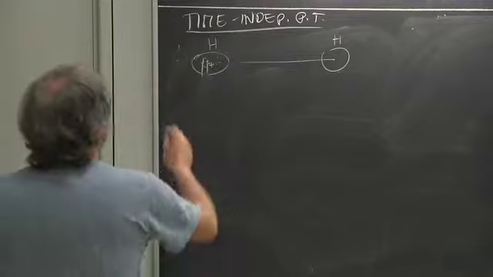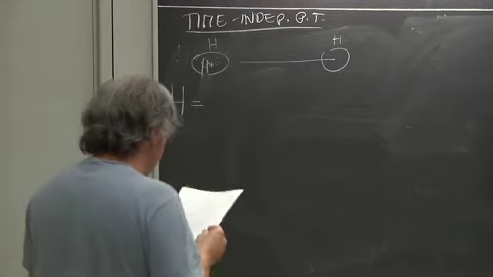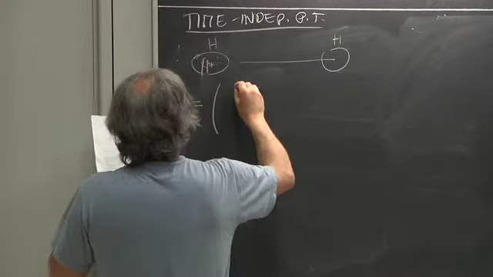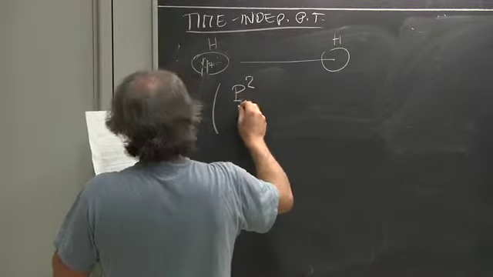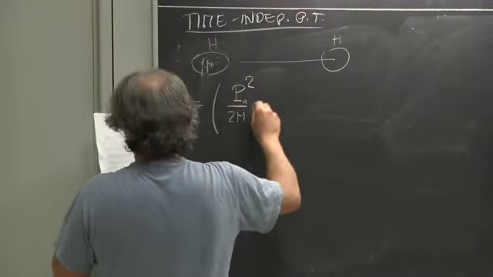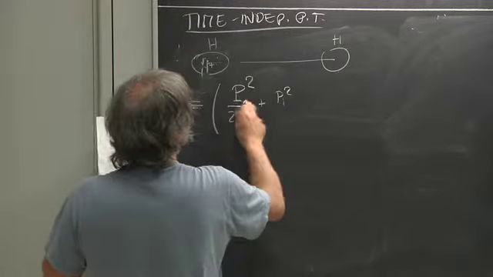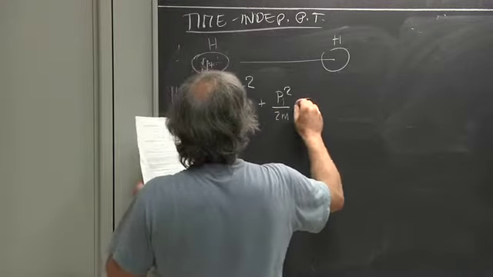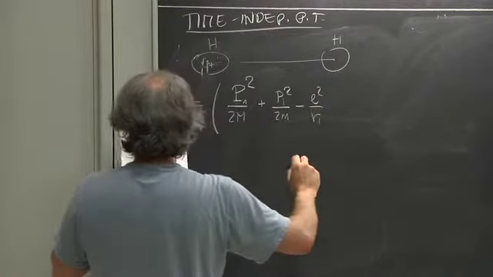Okay. Now, the Hamiltonian would be what? Well, it's simply the Hamiltonian of the first atom, which is the momentum of the first nucleus squared divided by twice the mass of the nucleus, plus the momentum of the first electron. I write this as big P and this as small p over twice the mass of the electron, minus e squared over R1, okay?